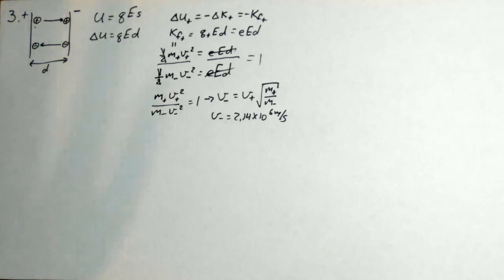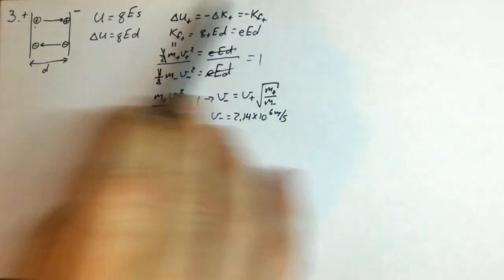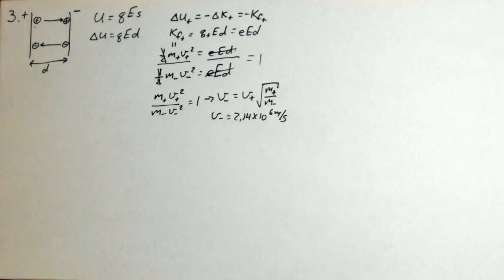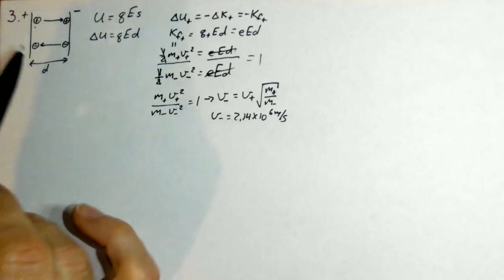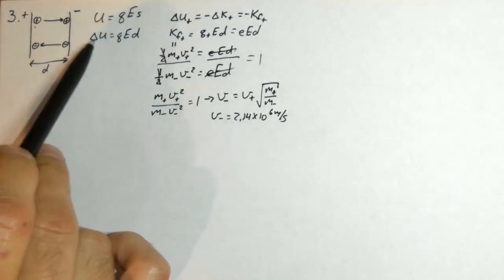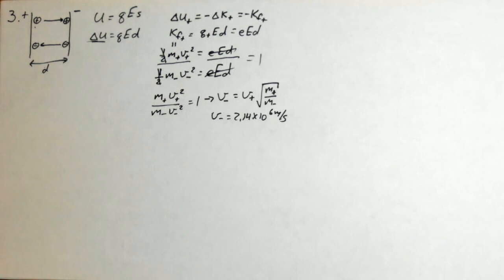Okay, so again, most important point is we had conservation of energy. Next most important point, we recognize that they're both having the same change in potential energy. And then we use those two ideas together to cancel out things we didn't know to be able to solve for our final value.